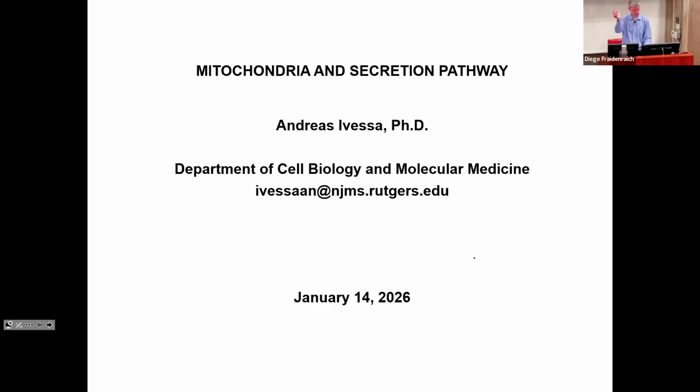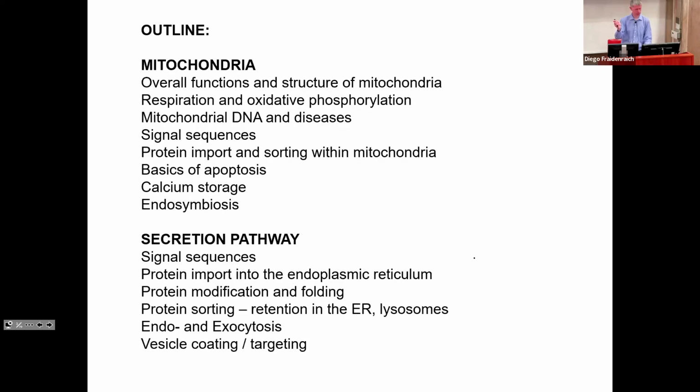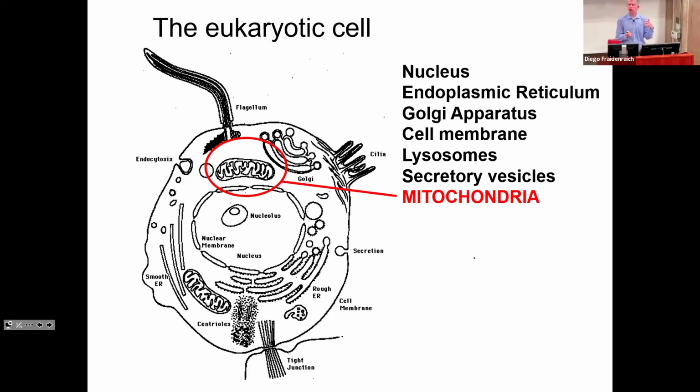You heard already in Dr. Freudenreich's lecture that the eukaryotic cell contains multiple organelles. Just to repeat it, there is the nucleus, having two membranes, storing the chromosomes, the genetic material, surrounded by the endoplasmic reticulum.